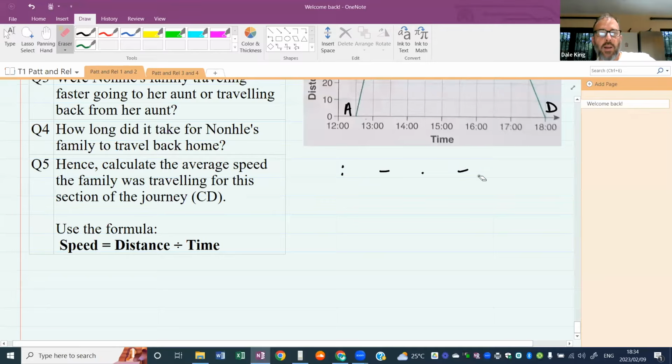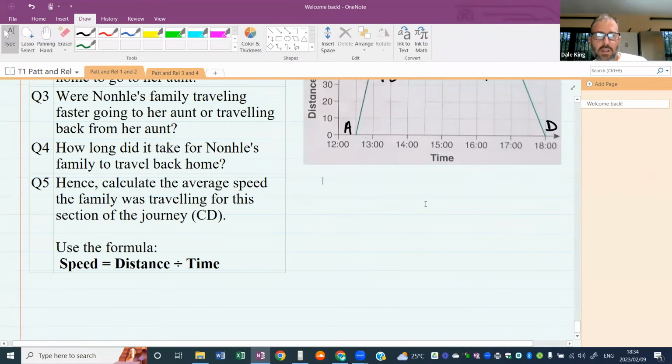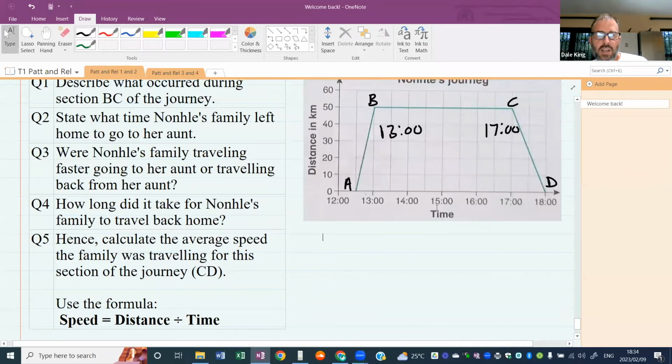Which was when we were doing time. We were discussing the conversions of time units. And then I gave you guys a speed equals distance over time question. This question often comes up with these kind of graphs. If you have distance and time in your graph, they often ask you to do a speed calculation.